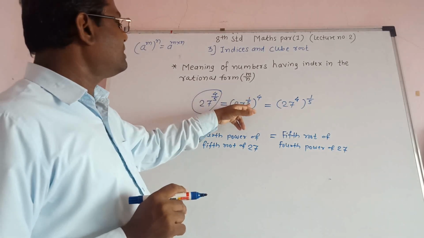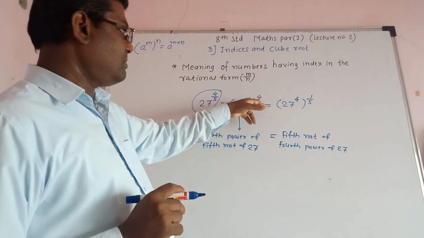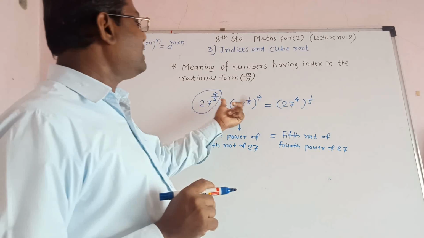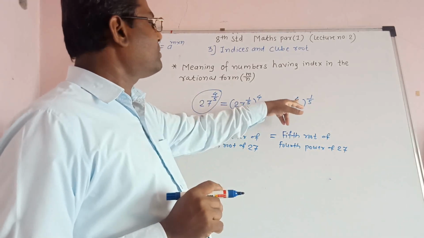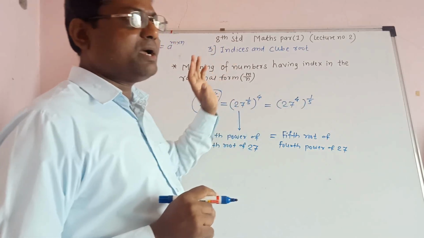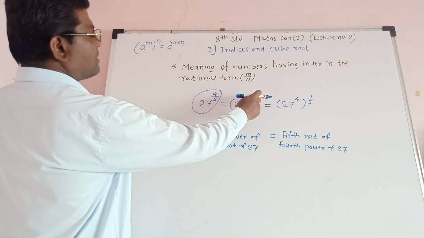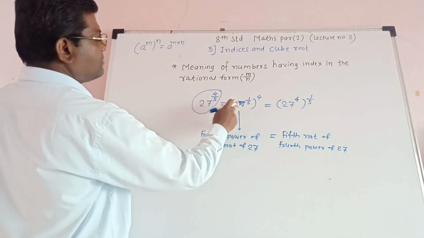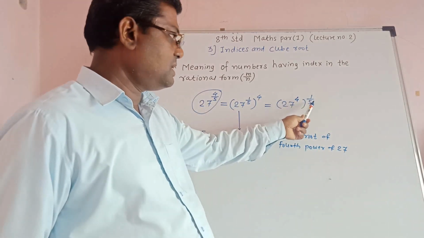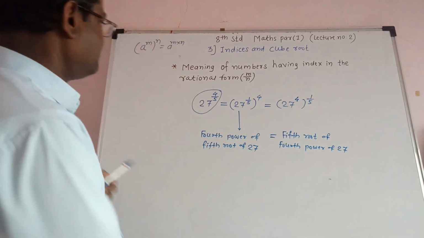At first we take 1 upon 5 inside the index and 4 as the power of that bracket, and we also take 4 as the index inside the bracket and 1 upon 5 as the power of the bracket. Then fourth power of fifth root of 27, and fifth root of fourth power of 27.